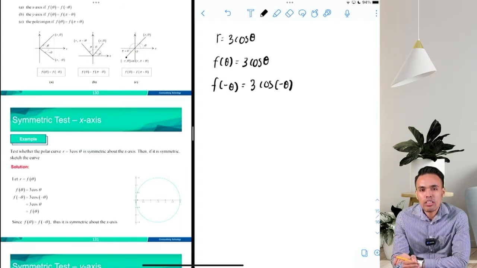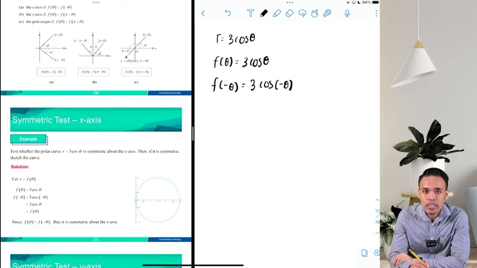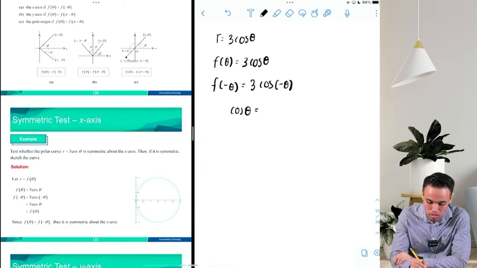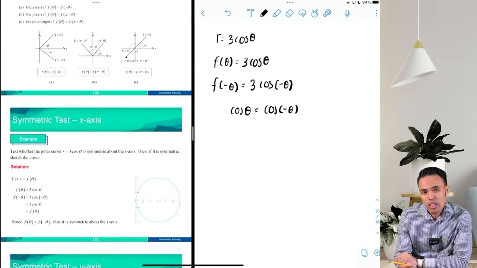We always know there is an identity that says cosine theta is equal to cosine negative theta. Or you can use your calculator, as I instructed earlier. You can use any value of theta and calculate cos. For example, cos negative 45 degrees, and then cos positive 45 degrees.